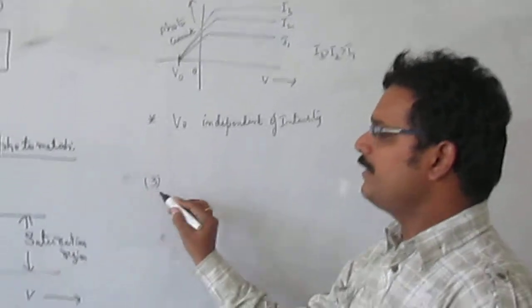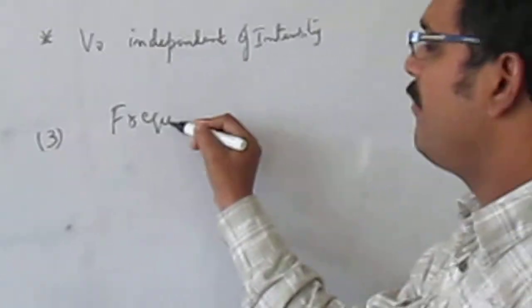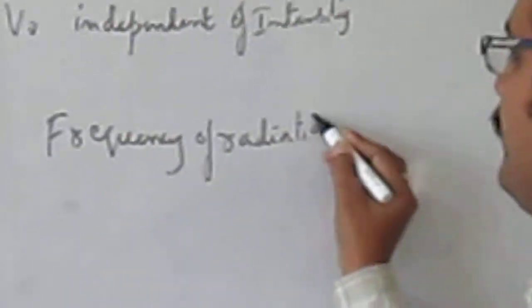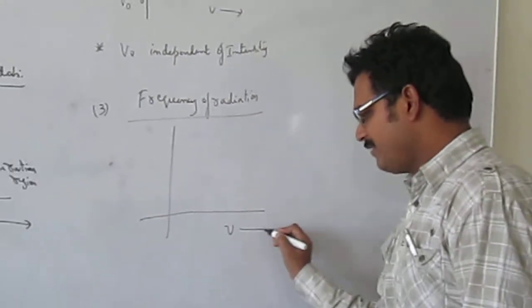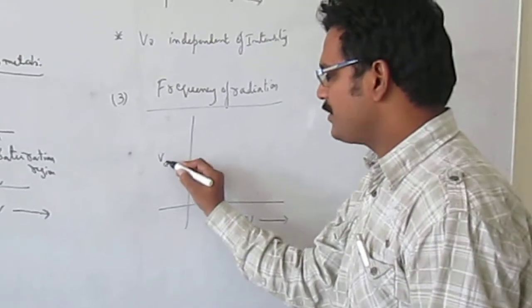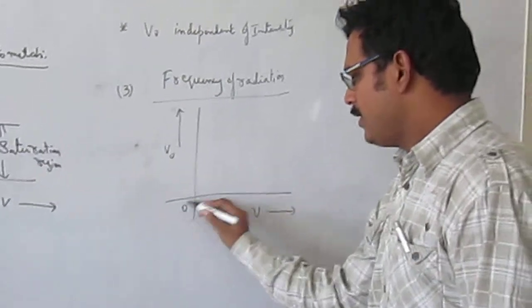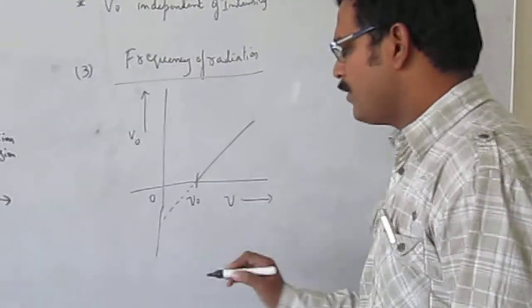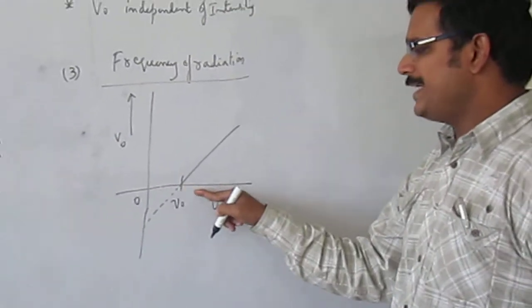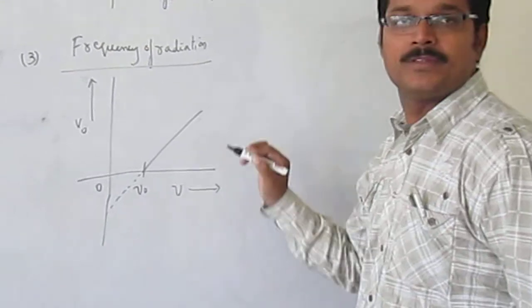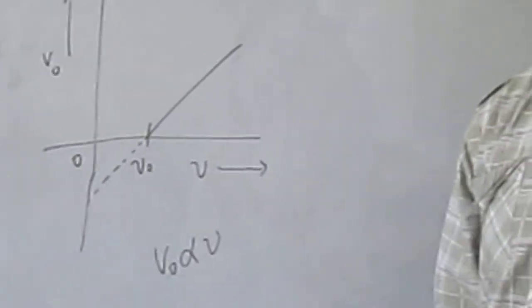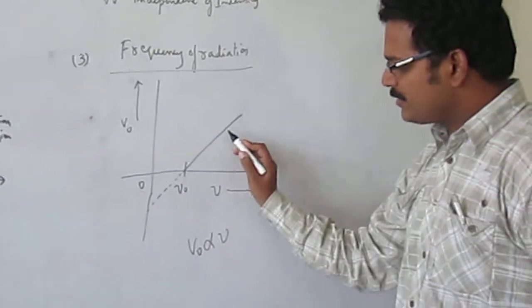Now, the third factor, frequency of radiation. Here, they have taken different values for the frequency and stopping potential. This is the graph they have got. It says that when the frequency increases, stopping potential also increases. That means stopping potential and frequency are directly proportional. When frequency decreases, stopping potential also decreases.